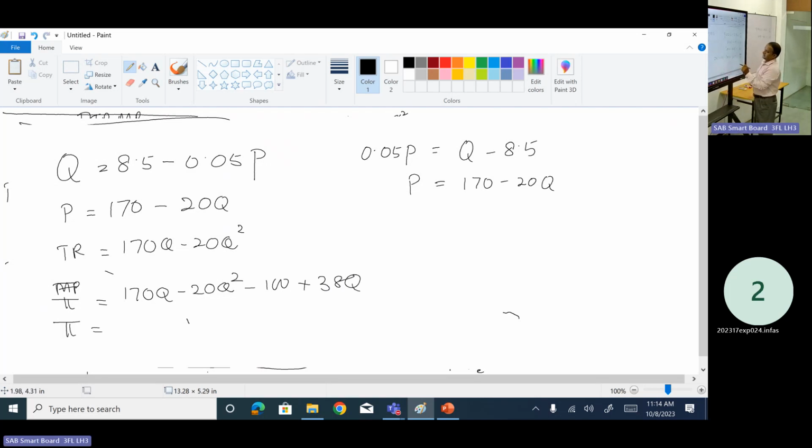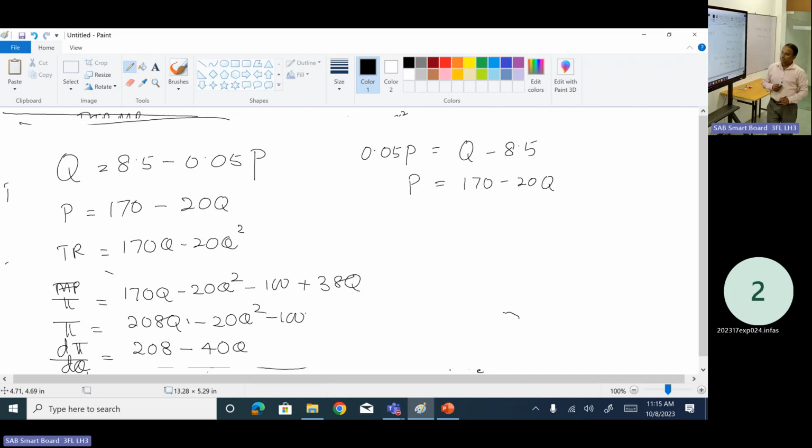So the profit function is 208Q minus 20Q square minus 100. Profit is maximized when you take dπ over dQ. You differentiate the total profit function to find the marginal profit, so that means 208 minus 40Q.